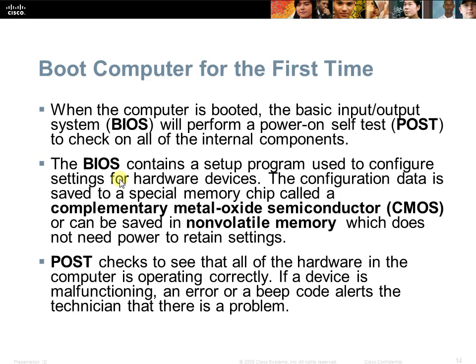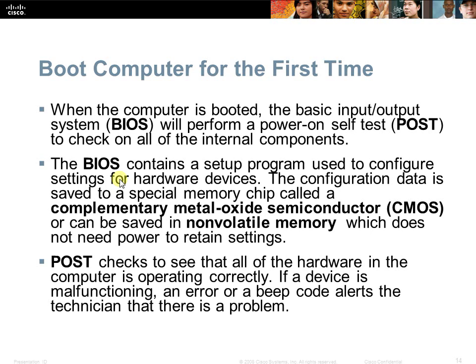And then we're ready to boot the computer for the first time. The first thing our computer is going to do is the BIOS, the basic input-output system, and it's going to do our power on self-test, or POST. You want to become familiar with BIOS and POST. The BIOS contains a setup program used to configure our settings for our hardware devices, so our computer can use the different hardware devices attached.